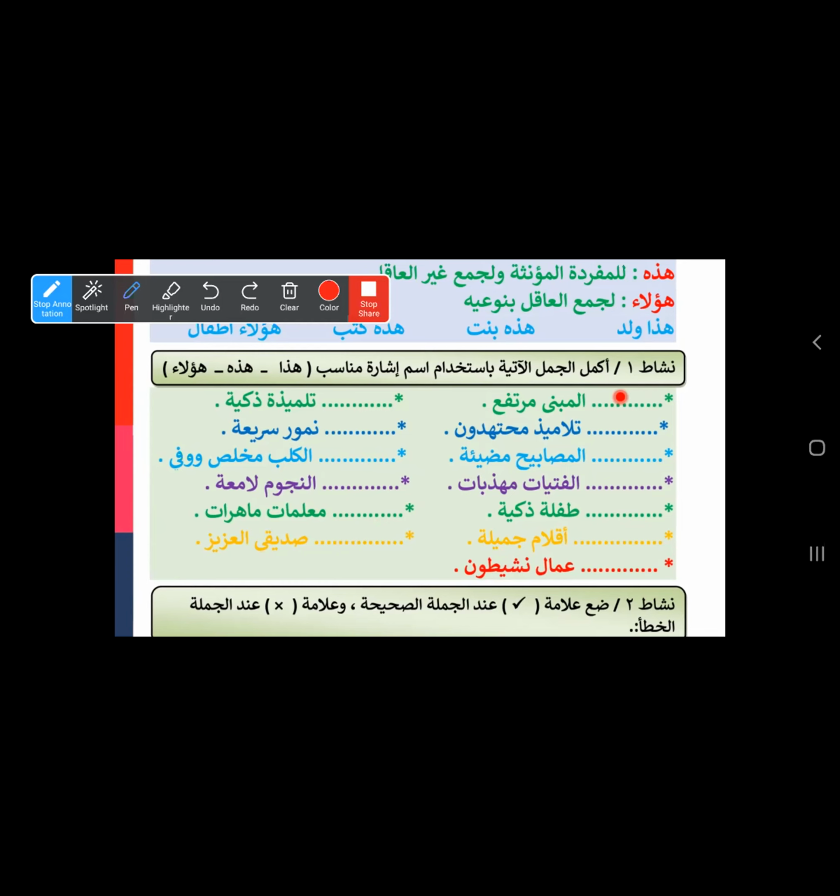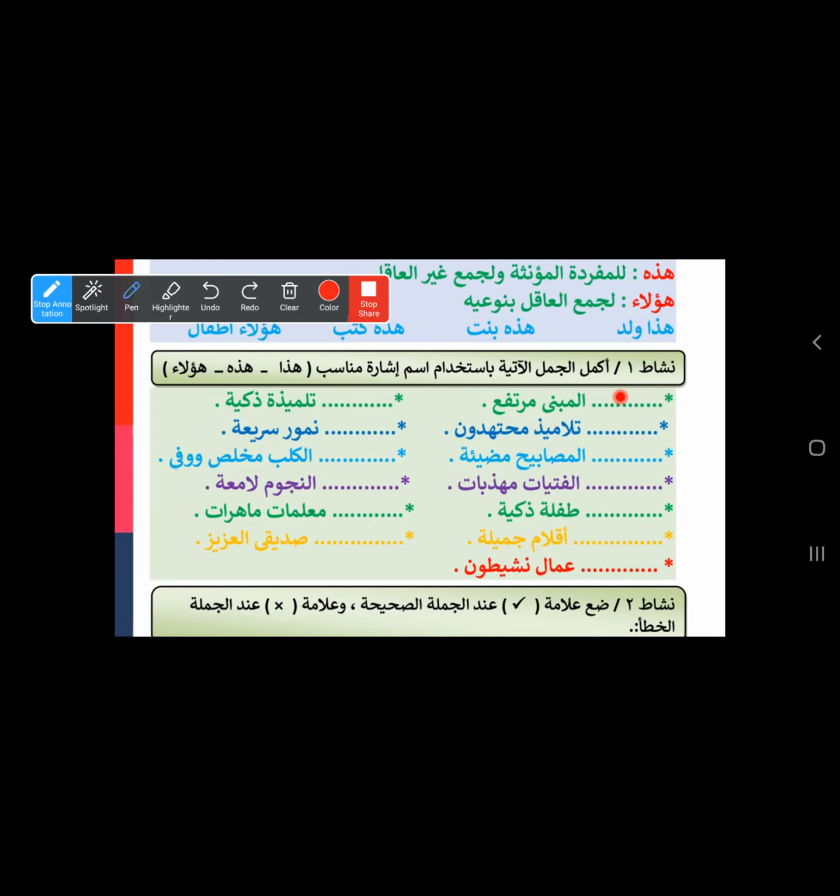Yes. رفيع، رافع، مرتفع. High rise building. نعم. So it will be هذا.